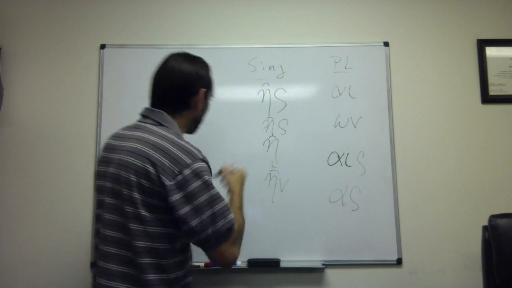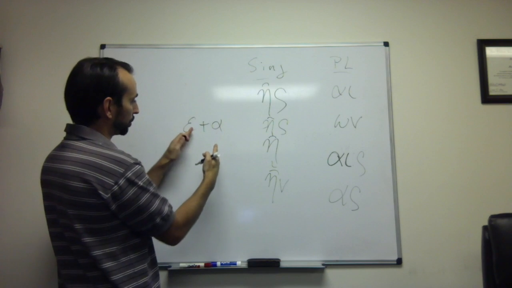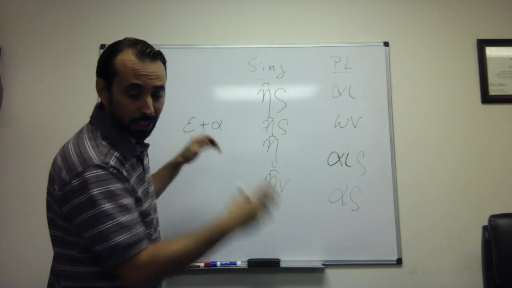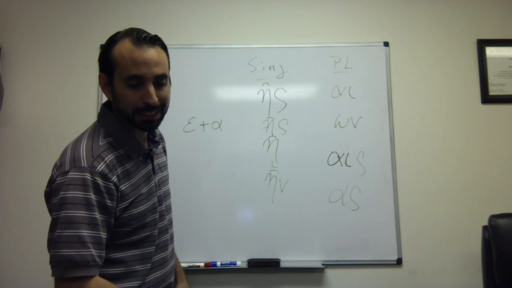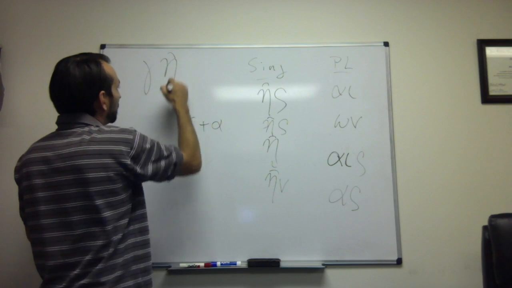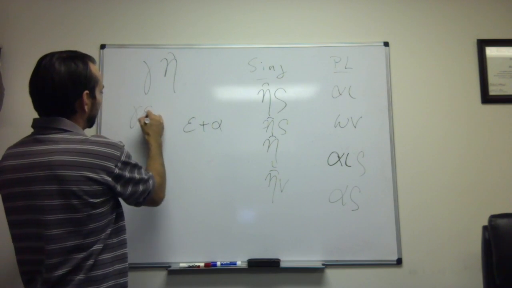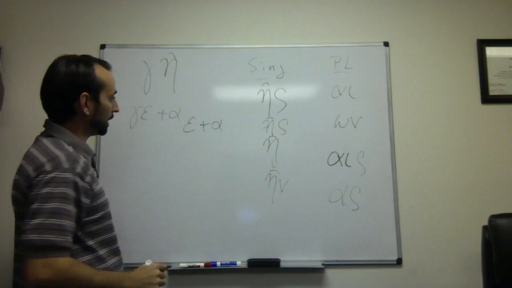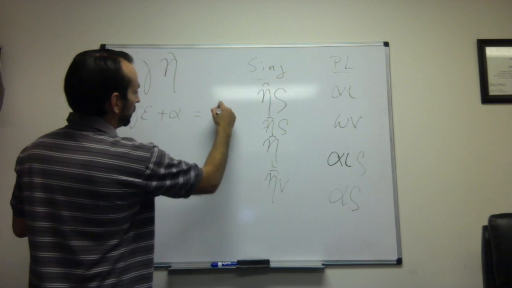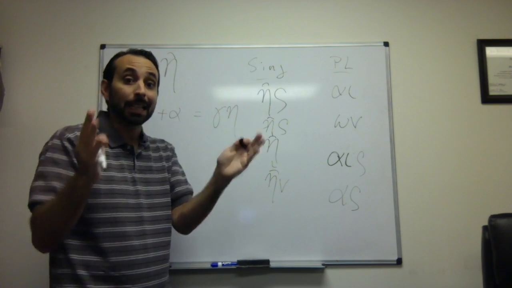An epsilon, what's happened in the contract is an epsilon and an alpha came together. The epsilon was on the end of the word, whatever the word is. The sample he gives you is gay, earth. Okay, that's the sample he gives you. So what's really happened is it's like this, added with the ending. That's what's really happened. And the result is they have squeezed together and combined and lengthened into the eta.